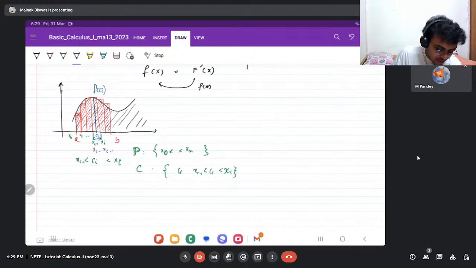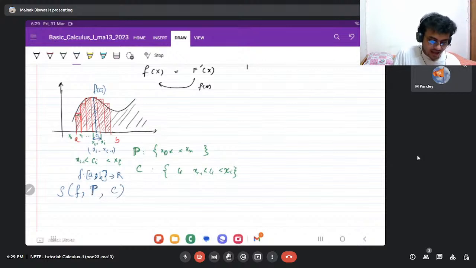So your Riemann sum for a function f, defined between A and B to the real number line, for a partition set P and a C set, which is the proxy for the internal points between the partitions, can be written as what?